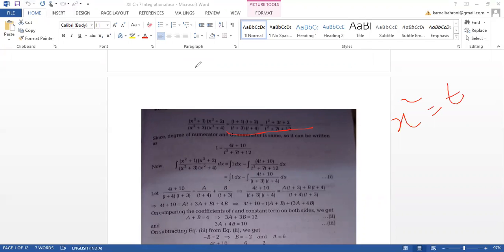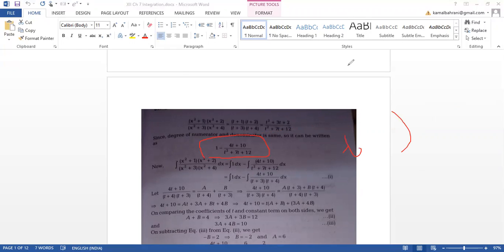Now open the bracket. Now again the numerator and denominator are having the highest degree 2. So what we can do, we can divide it first. When you divide t square plus 3t plus 2 upon t square plus 7t plus 12, you will get 1 minus, if you remember how we used to divide.